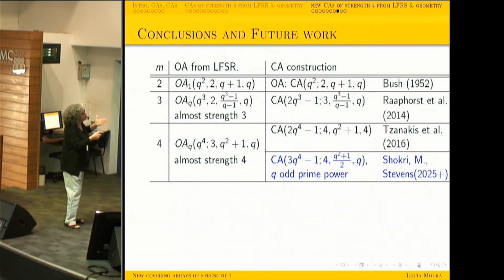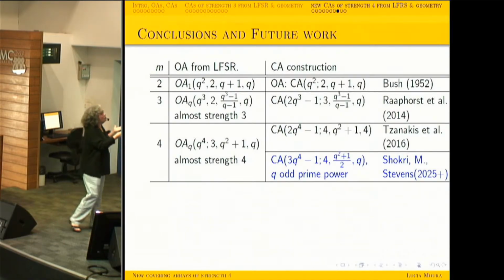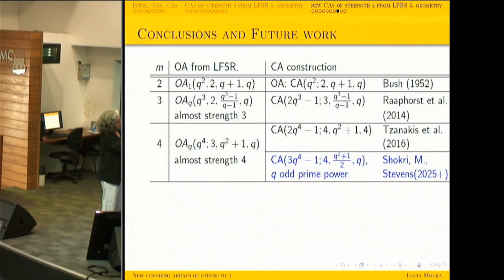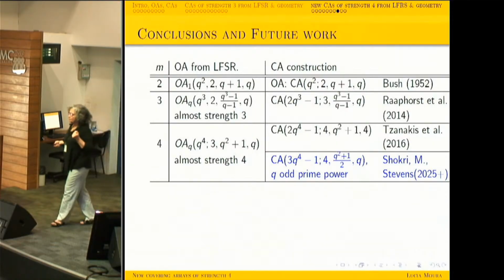For strength 4, for q even only, we were able to paste 2 copies of an OA of strength 4 there and obtain almost strength 4. But the current paper that's more general is for all odd prime powers. We didn't use the whole size of an ovoid, but half of it. But with 3 copies, we do that.